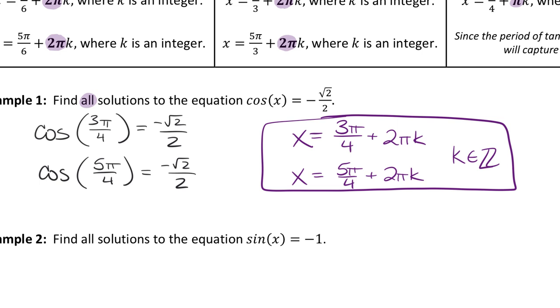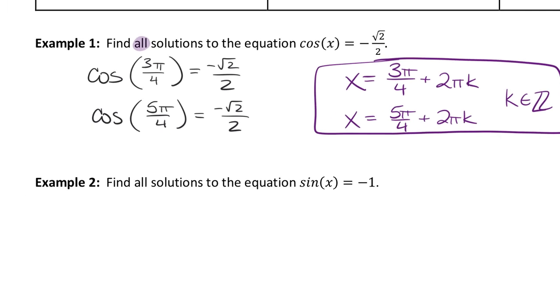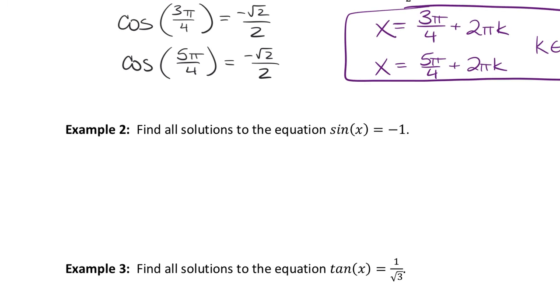The second example asks us to find all solutions to the equation sine of x equal to negative 1. Again, the word all is my key that I want literally all the infinitely many solutions to this equation, and there's no domain restriction, which we haven't seen yet, so you don't know what that looks like. But if I was thinking about this, sine of what angle would be equal to negative 1? 3 pi over 2.